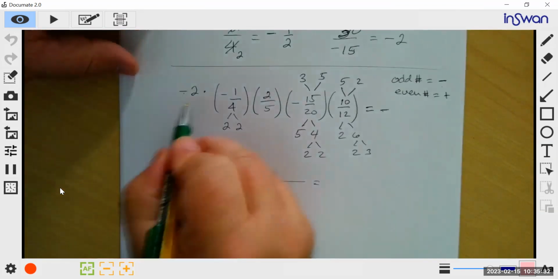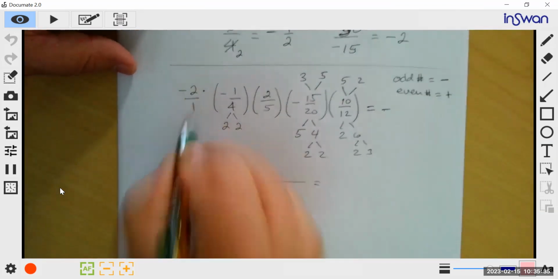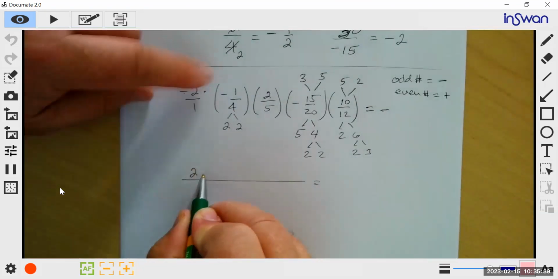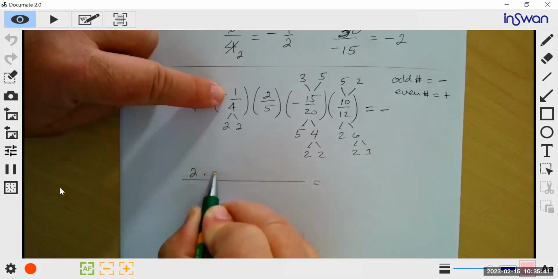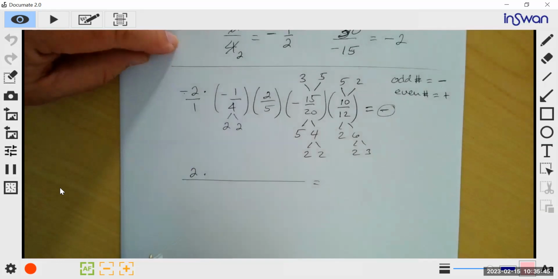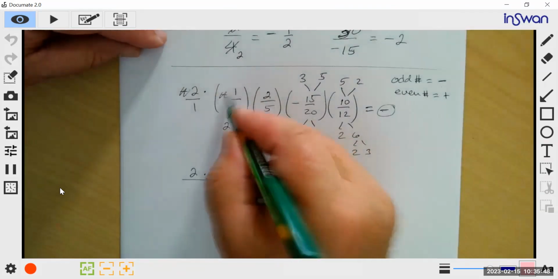Remember, this one here, the negative, this is over 1. So on top, I have a 2. No, forget the negative signs, because I already know the answer is going to be negative. So I don't have to worry about the signs anymore.